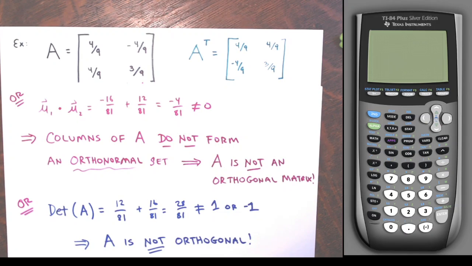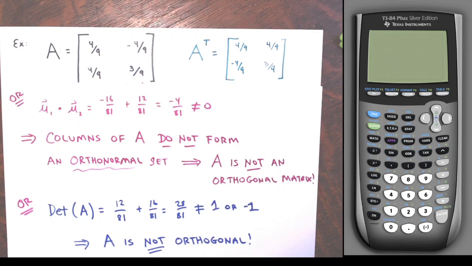So yeah, lots of things that you can show there. To say that again, if the columns or the rows do not form an orthonormal basis for Rn, whatever n is, or R2 if it's a 2 by 2, R3 if it's a 3 by 3, and so on, it's not an orthogonal matrix.